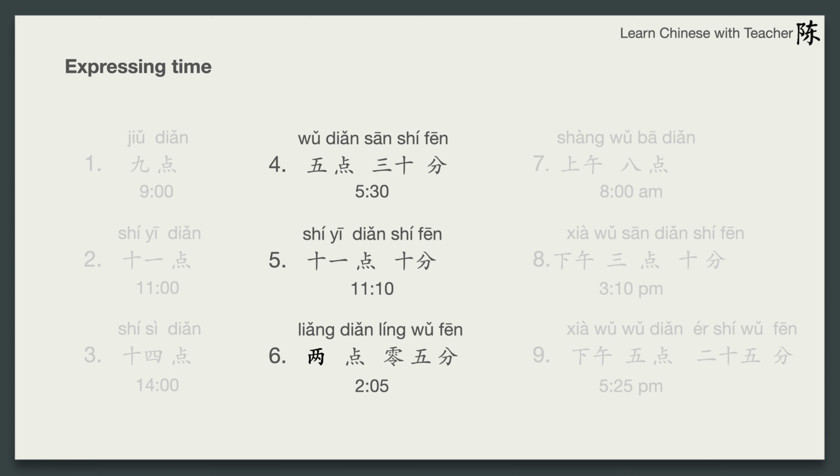You cannot say 二 plus measure word. In other cases, like when you count 1, 2, 3, you should say 一、二、三, and you cannot say 一、两、三. This is a pretty unique point in Chinese. Please memorize it.